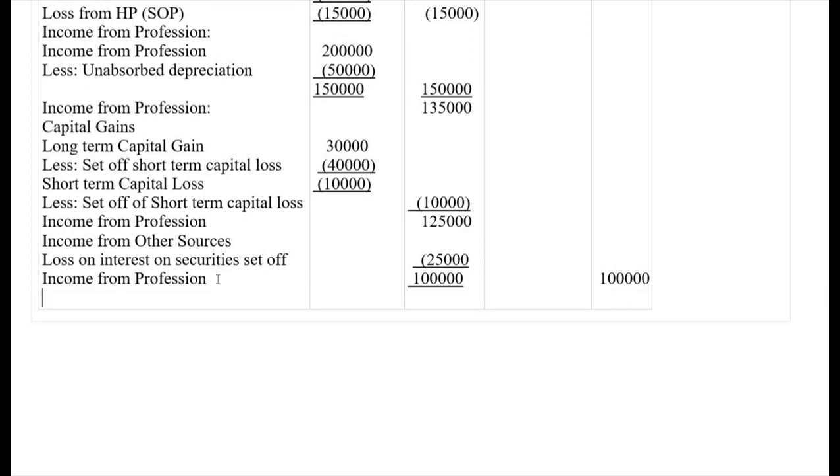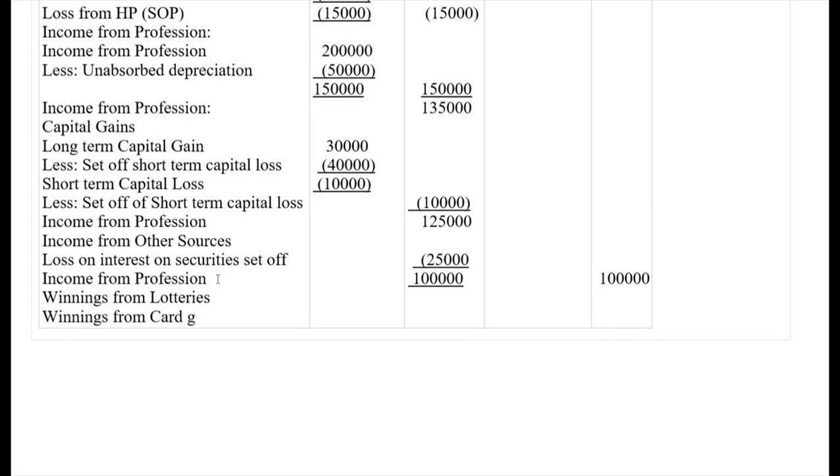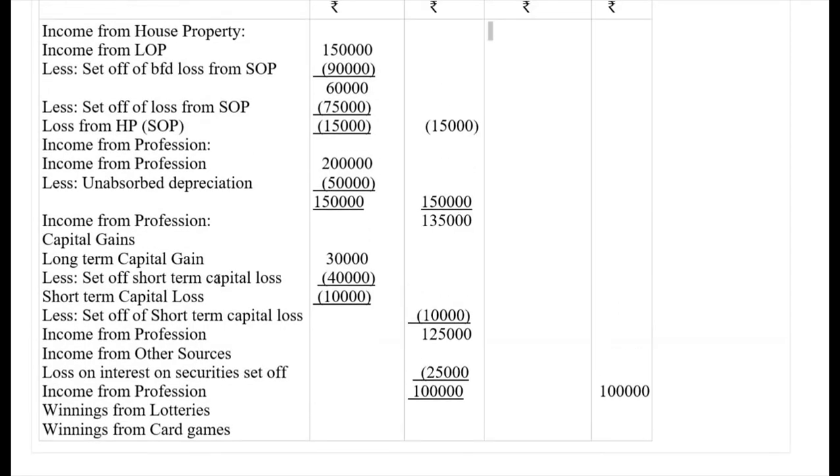Then under the head income from other sources, we have got winnings from lotteries, then winnings from card games. We can take these directly to the GTI column as they are casual incomes. So winnings from lottery gross is given as rupees 50,000.